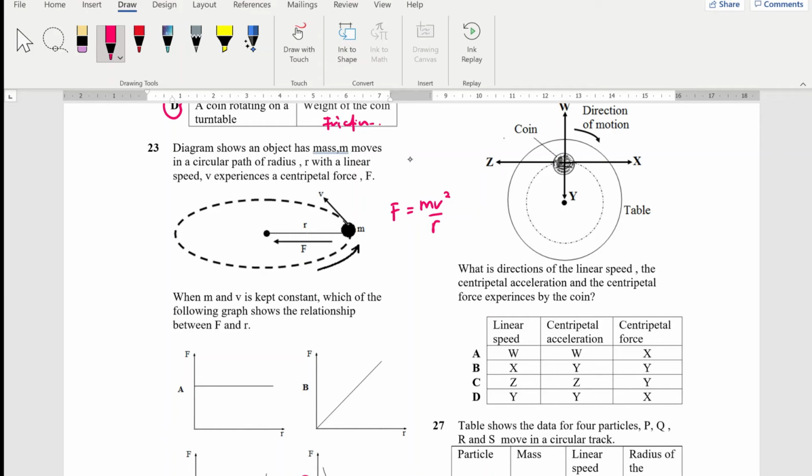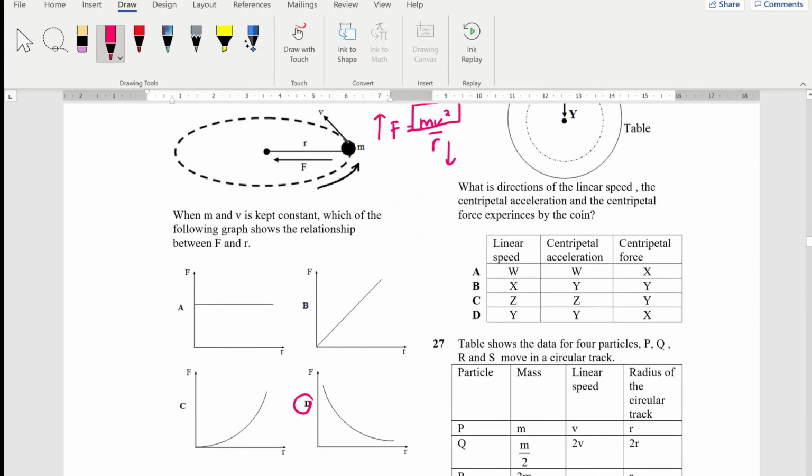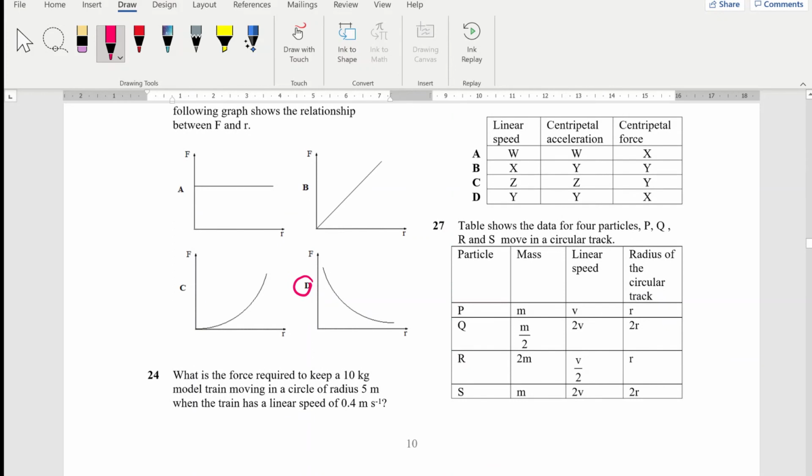So, bila kita constantkan these two, F akan increase, R kena decrease. So jawapan dia is readily D. Dah buat dah kat sini D. Okay. Inversely proportional.